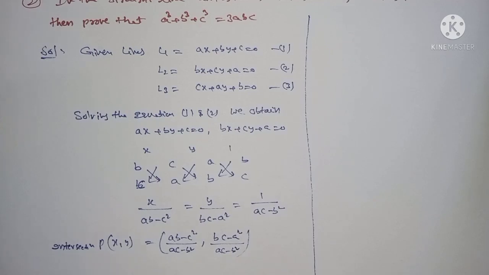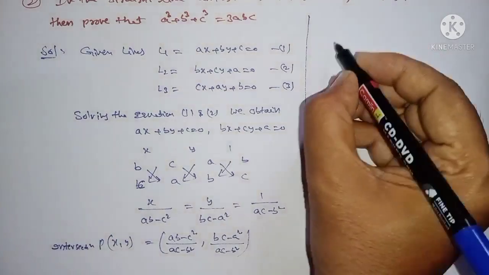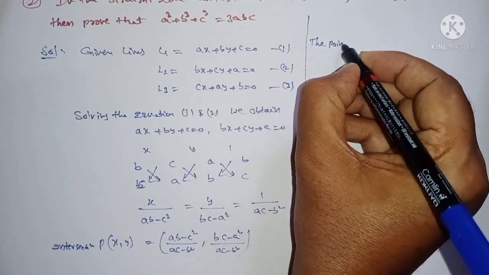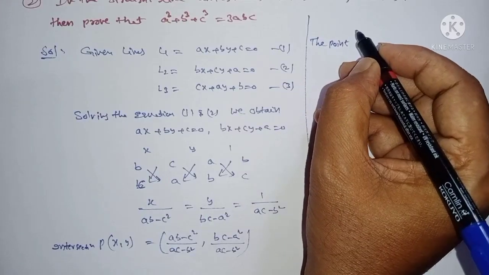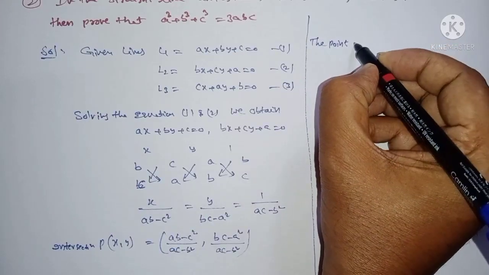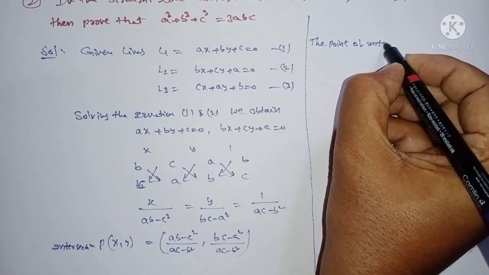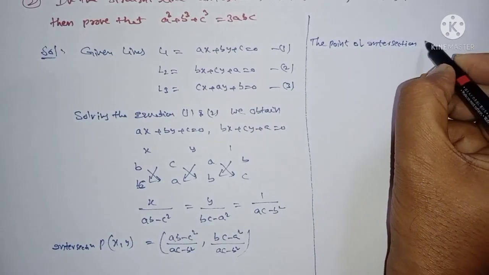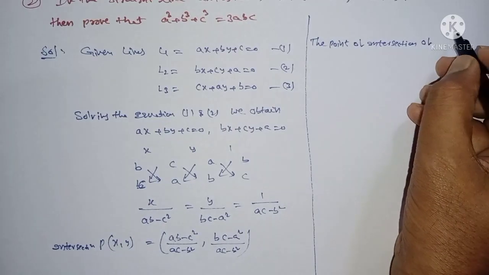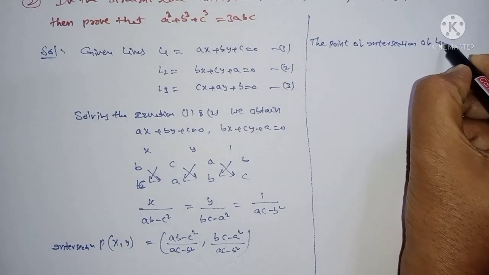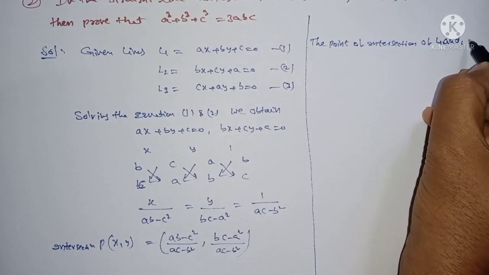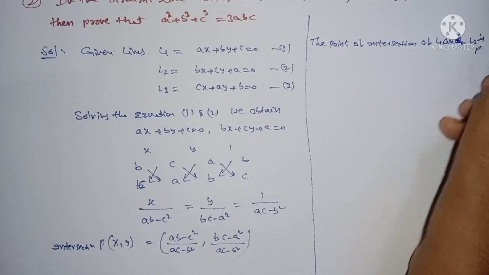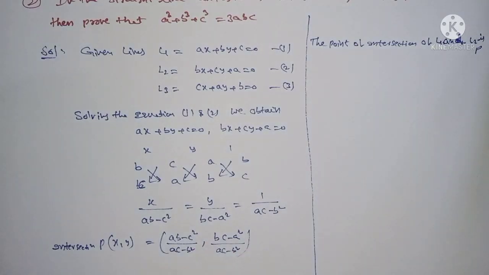Therefore this is the point of intersection of L1 and L2, which is P. Okay, this is the point of intersection.